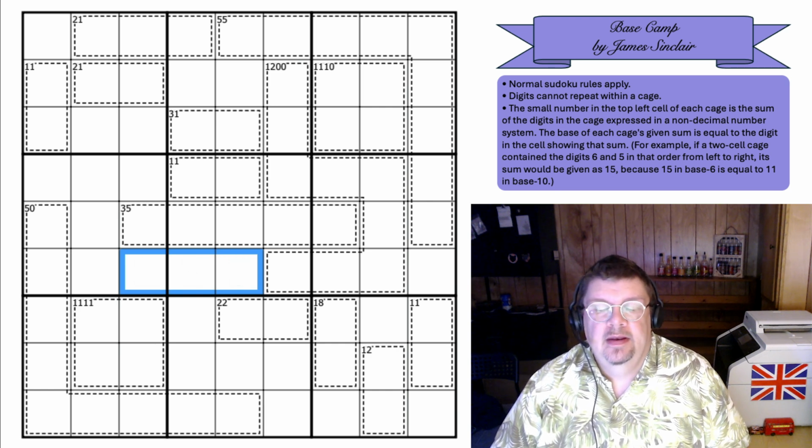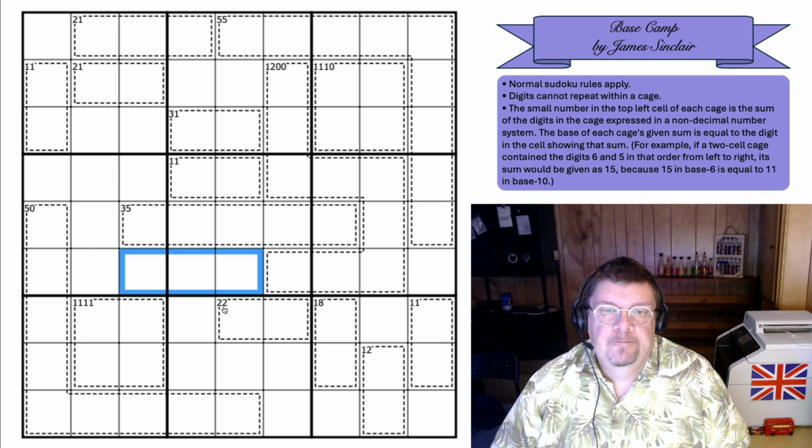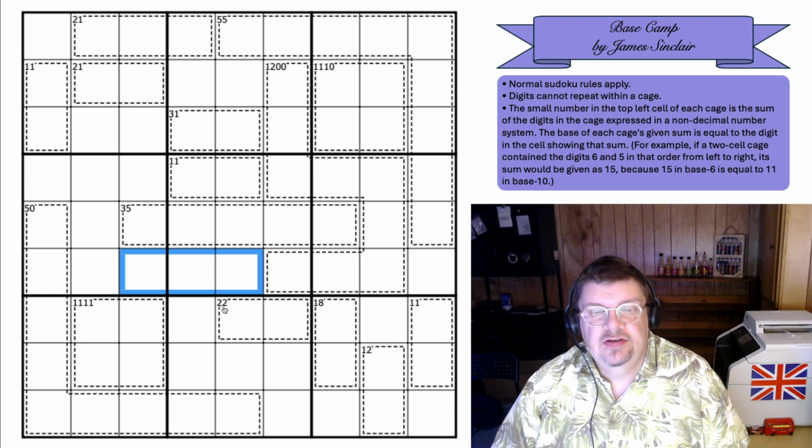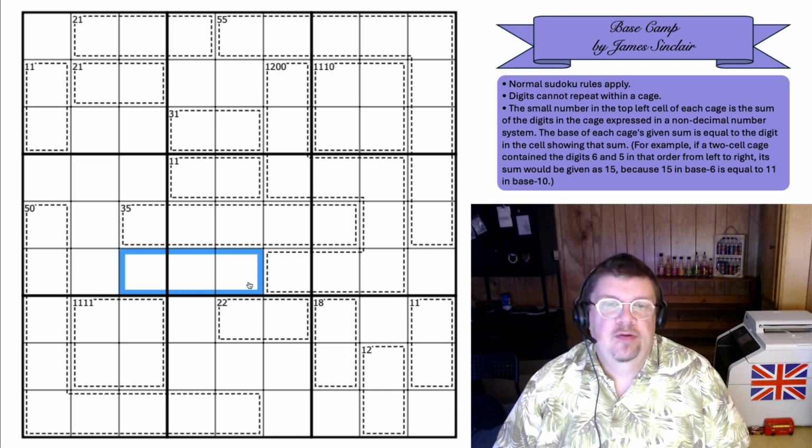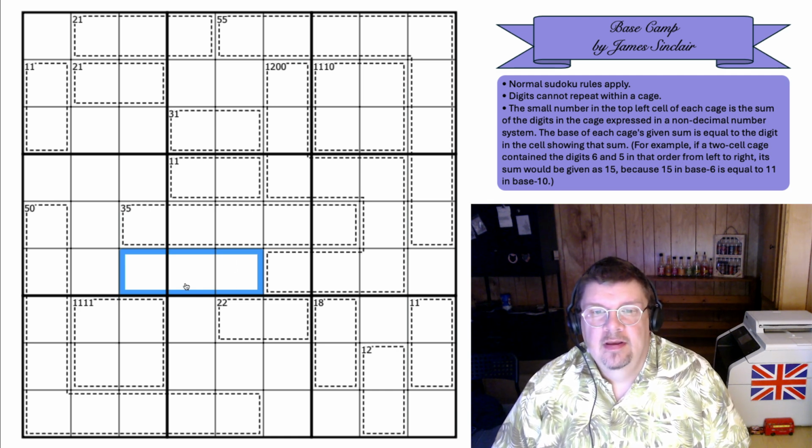Okay, now some things to think about in different bases. So in base 10, the digits you can use are 0, 1, 2, 3, 4, 5, 6, 7, 8, 9. When you get above 9, you go back to 0, and then you add 1 in the next column.